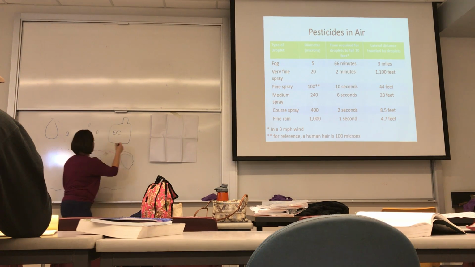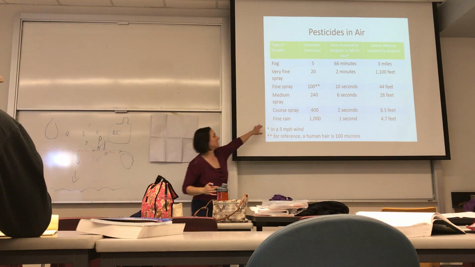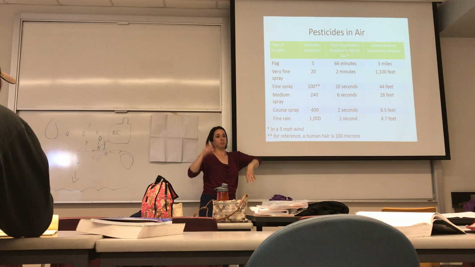A bigger droplet hitting the soil surface is going to splash, so if you've got a plant here, you could get some phytotoxicity because of the splashing. First of all, it falls and it's too heavy to sit on the leaf. Right, so it falls to the ground and it splashes up. This is kind of sloppy, right? This is like a sloppy rain.